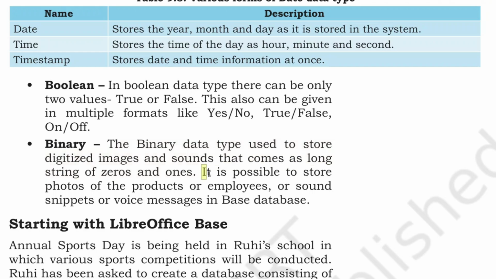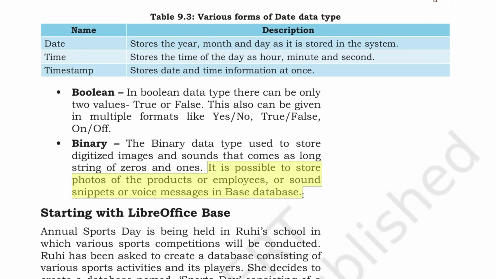The example shown is that it is possible to store photos of products or employees, or sound snippets or voice messages in the database. I hope I am clear and you have got the basic information about different types of data types.